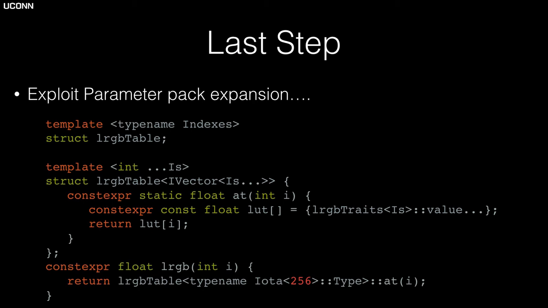And what does it contain inside? It contains a const float lot, and here I'm using LRGB trait is : value ... curly brace. What is going on? Think about it. The three dots behind the name. What is that?